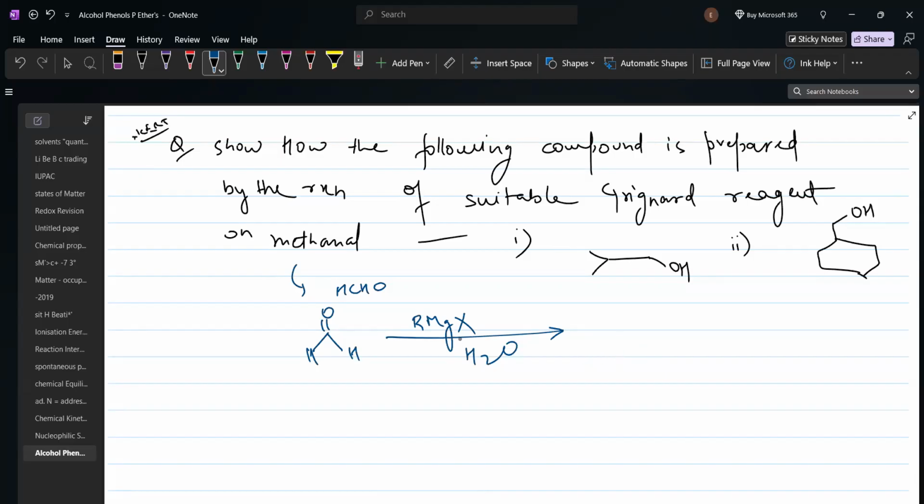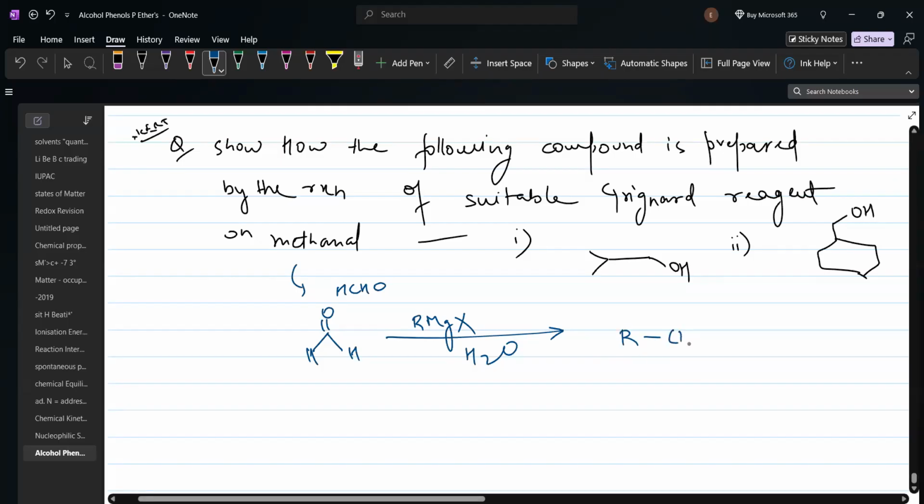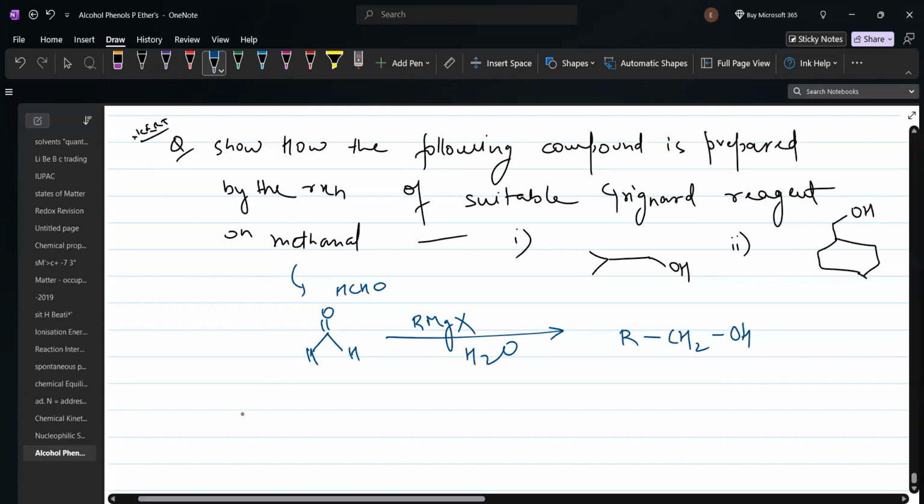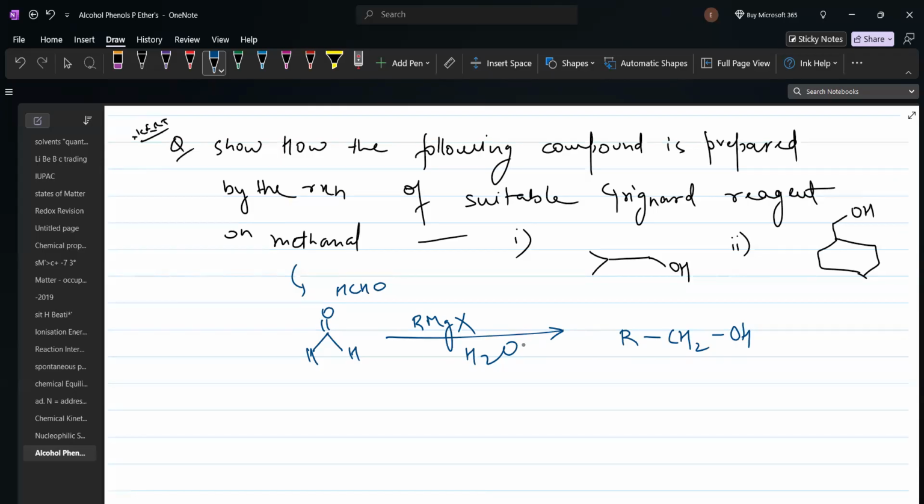I am giving you a hint that when it attacks on this one, it will form RCH2OH, which we have done like 4-5 questions regarding this equation only. The C=O bond will break, COH bond will form, and R will get attached with this carbon. So you have to find RMgX. MgX is understood. What is R? You have to find.